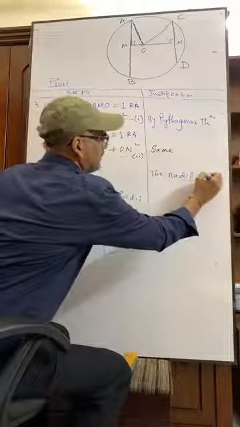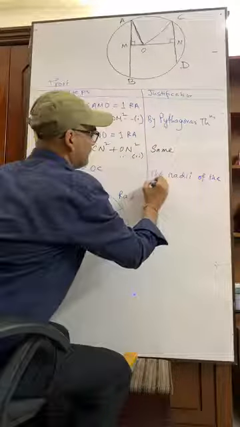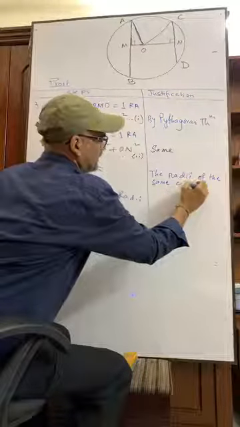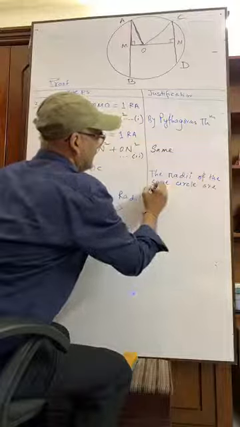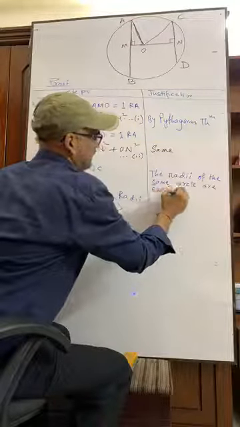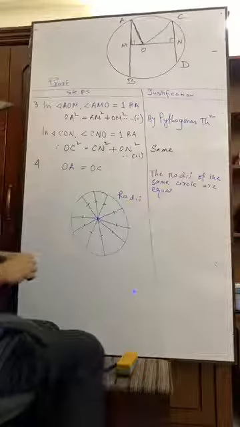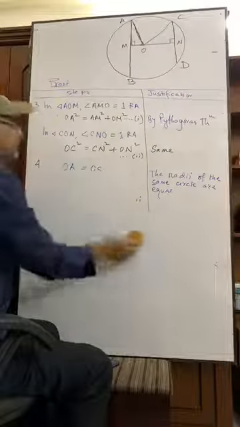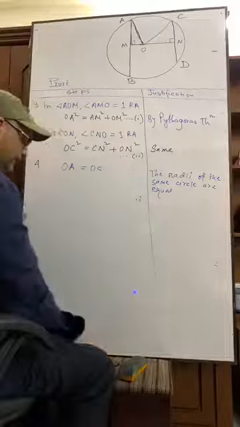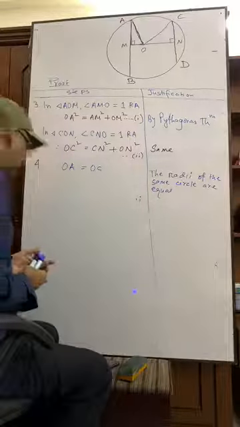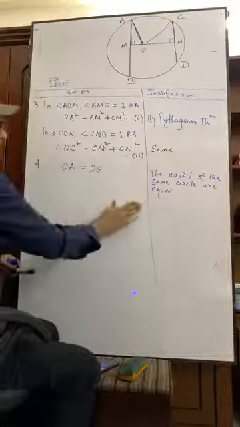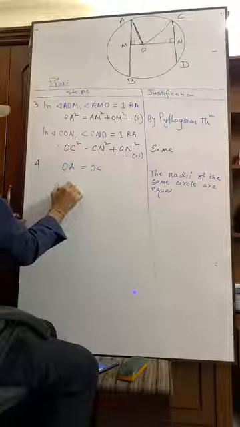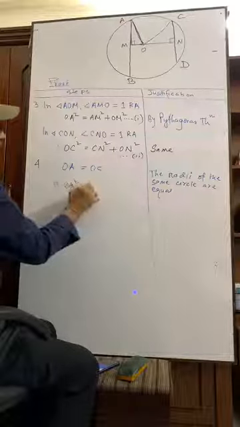We see that OA and OC are the radii here. Then we can write, implies that OA square equals OC square.